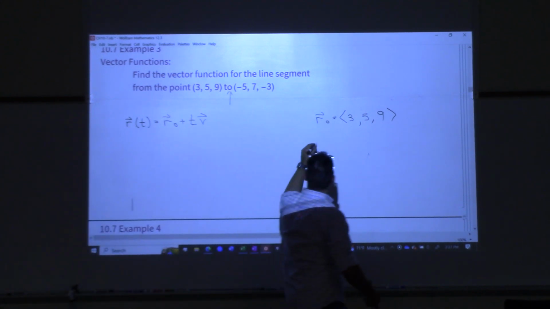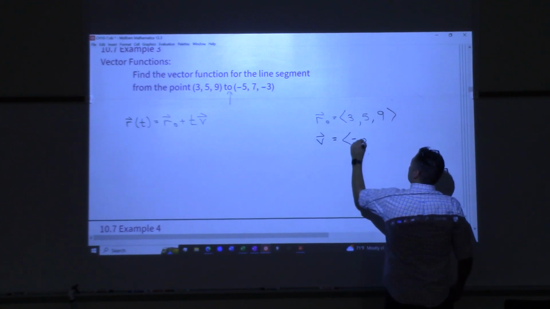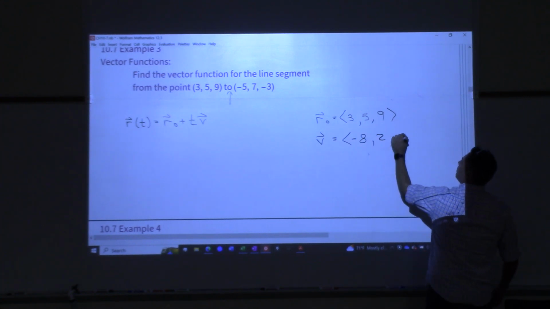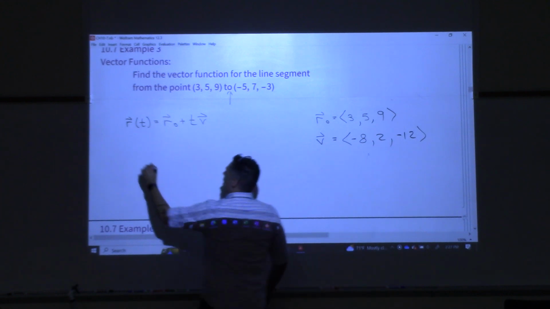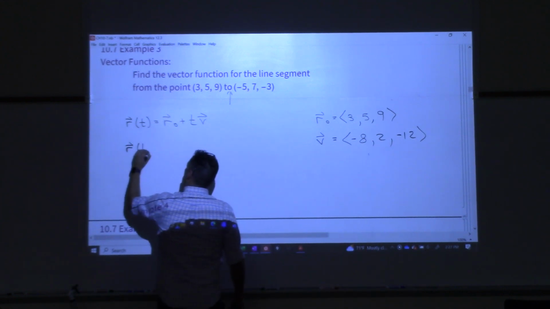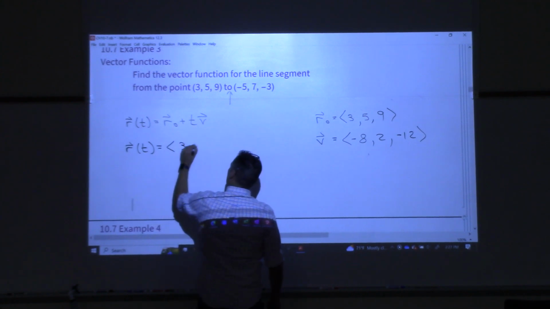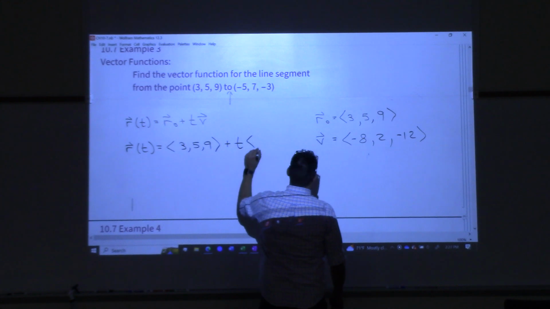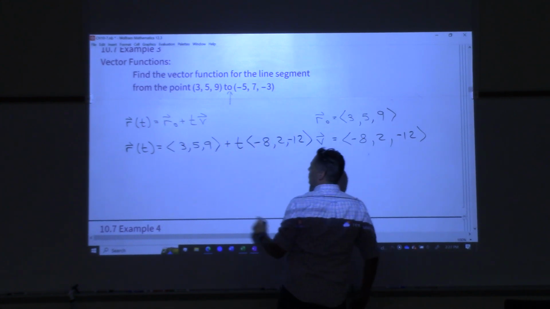So V, this is not new, we've done this: -8, 2, -12. Y'all agree? It's my direction vector. R of t should be equal to the vector 3, 5, 9 plus t times the vector -8, 2, -12.